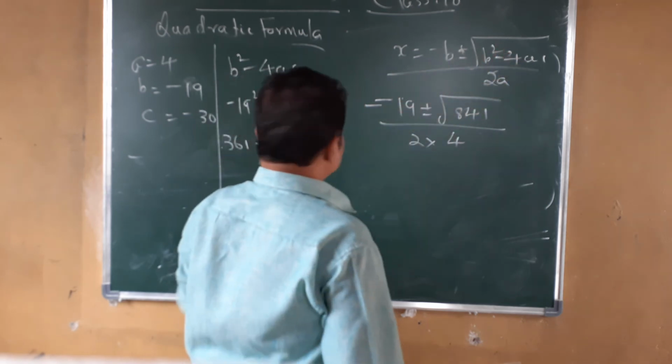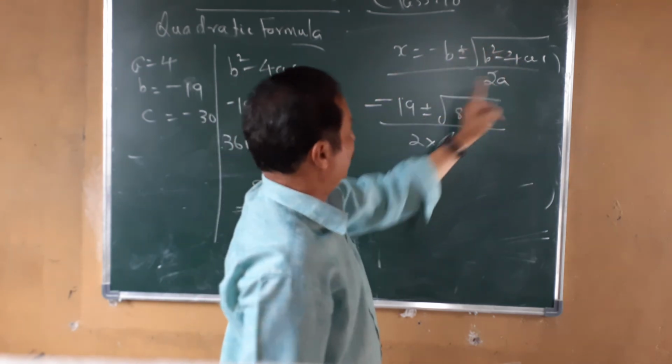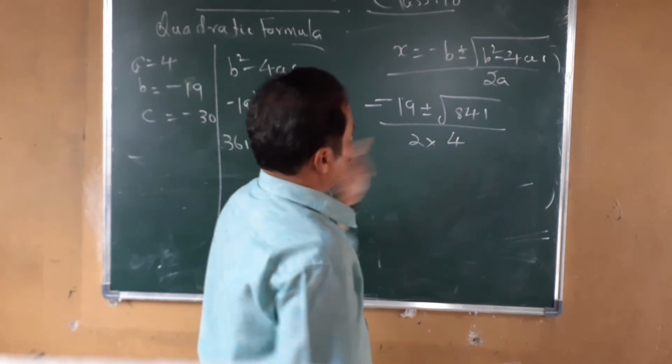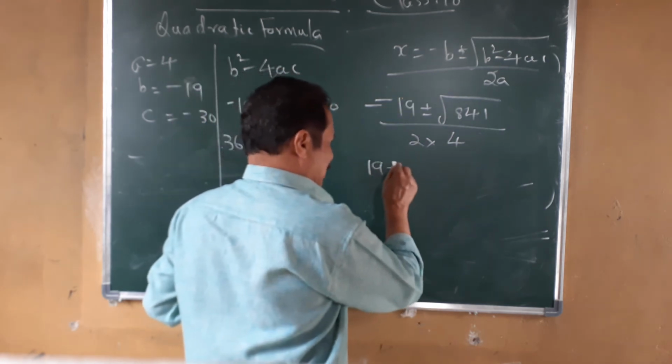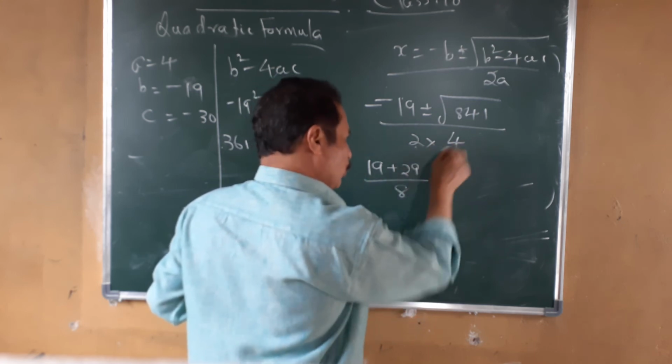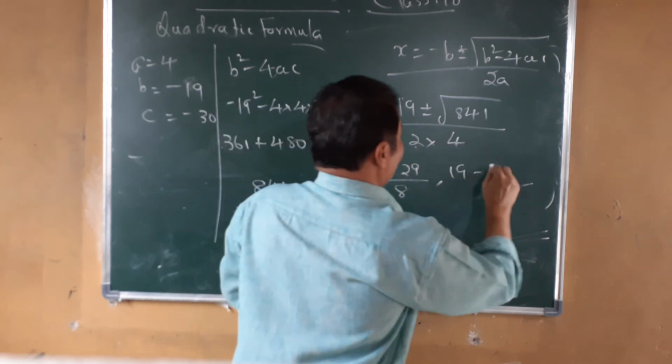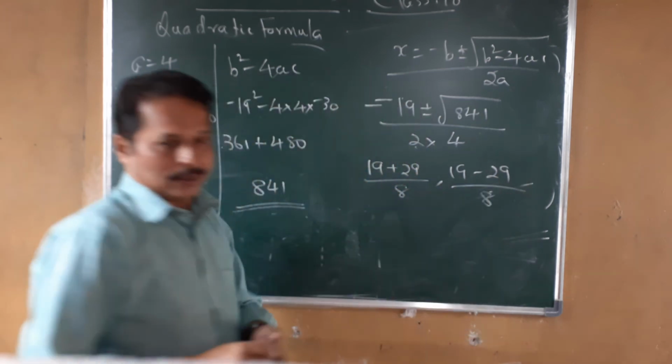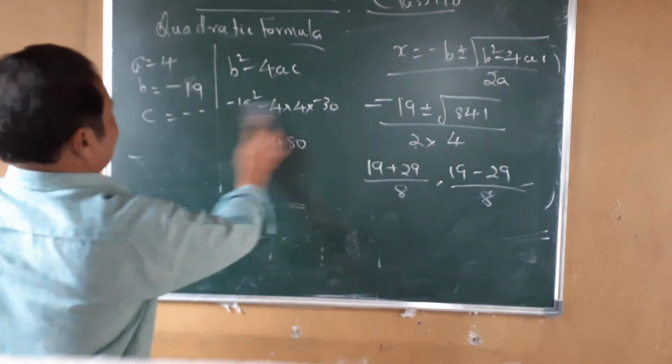This value is 841. 2 into a is 8. Minus minus is plus. 19 plus 29 divided by 2 into 4, 8. One of the values. The other one is, one of the roots is positive and the other root is negative.